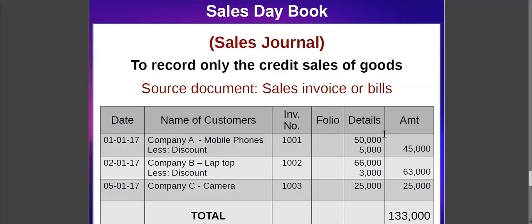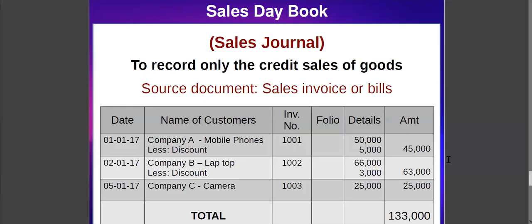First, company A mobile account, you sell goods 50,000 worth, 5% trade discount. Then you have to deduct trade discount 5%. The remaining amount 45,000 only you are going to receive from the debtors. The same way, company B laptop 66,000 less trade discount 3,000.